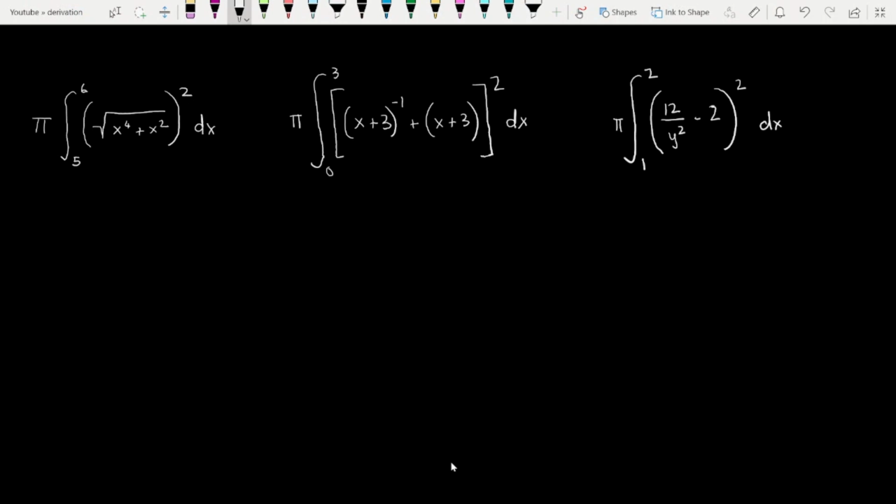At times when you create your integrals in this form, it's going to be a little tricky to solve them out. And that's mainly because this 2 over here is going to play a role. So I'm just going to show you guys how this 2 is going to work out. So we have this first example over here, and let's say you're trying to solve this integral to find out the volume of rotation. Now, how is this going to work? Well, you can clearly see a square root over there, and you can see a 2 over there.